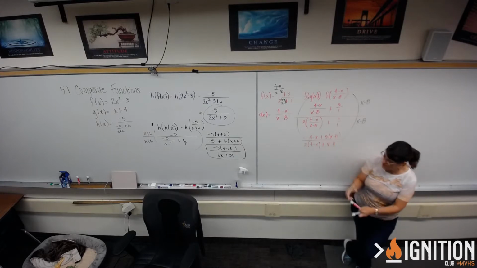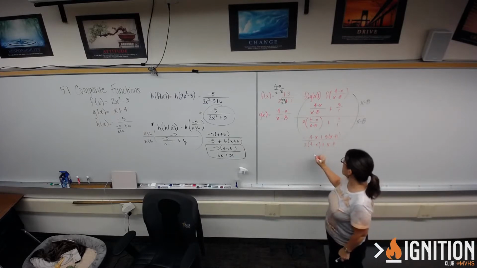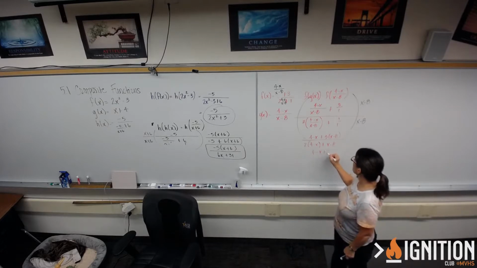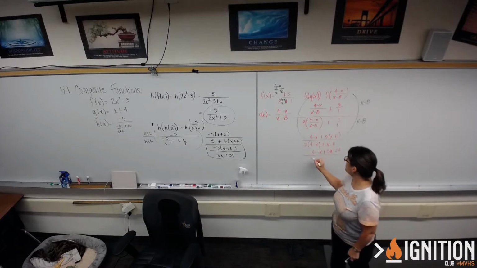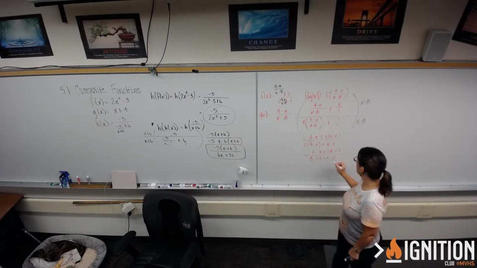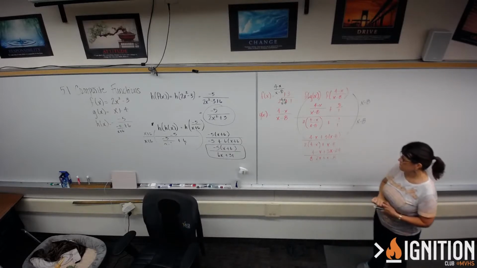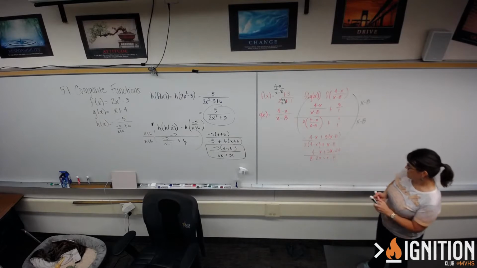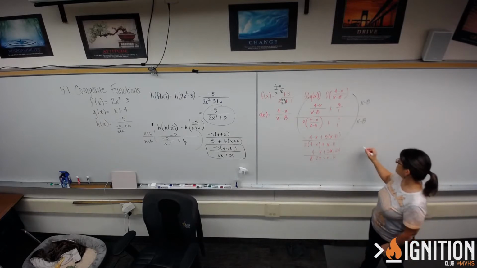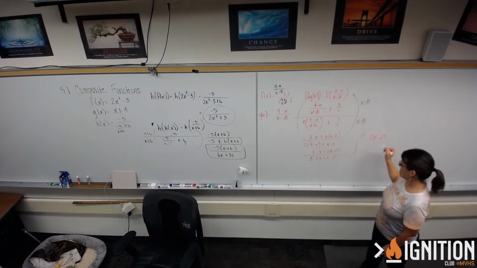Distribute. 3x minus 24. Distribute. This is going to be 2x minus 20, I think.